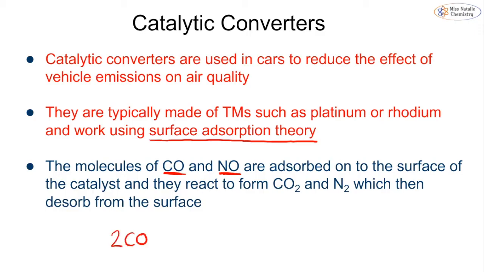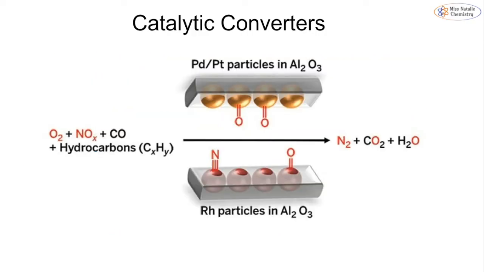So we get 2 moles of the CO reacting with 2 moles of the NO, and we form 2 moles of CO2 and N2, but following the same surface adsorption.